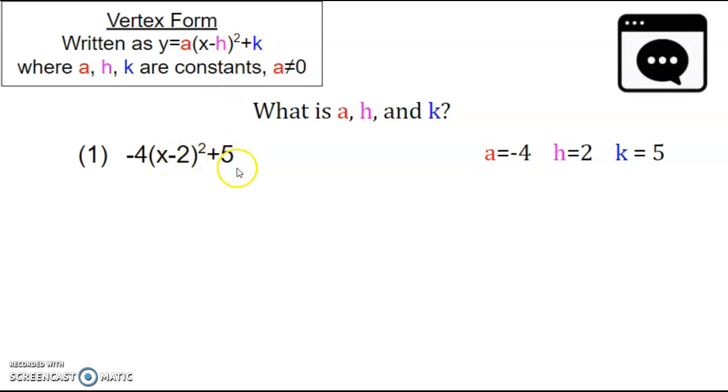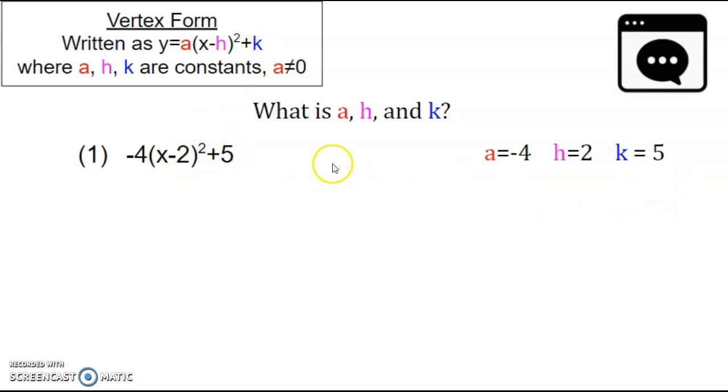And then k is the number that is being added. There is no x term being squared or anything like that. So in this case, negative 4 corresponds to a, h corresponds to 2, not negative 2, just 2. And k corresponds to 5.